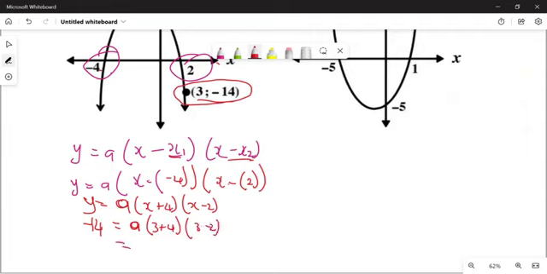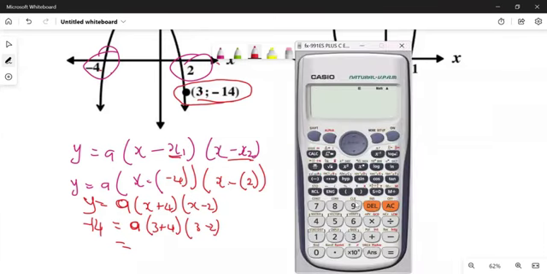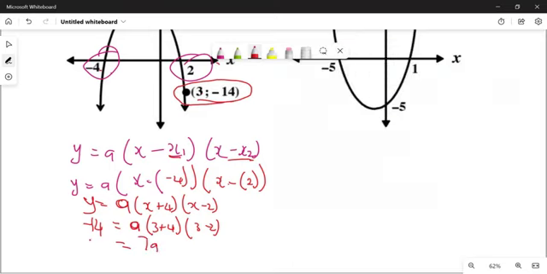If you type this in your calculator, 3 plus 4, close bracket, times 3 minus 2, it gives us 7. Then you have 7a equals -14. You divide by 7, and a is equal to -2. Now you're not done.